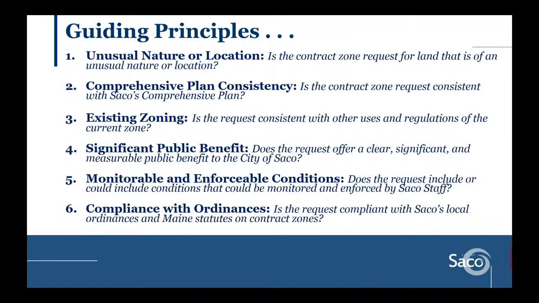So unusual nature or location, comprehensive plan consistency, existing zoning. We've added significant public benefit. You'll also see that there's a requirement to include a significant public benefit in the red lines that we'll be bringing forward. And then monitorable and enforceable conditions, which is going to be really important for staff and compliance with ordinances overall.